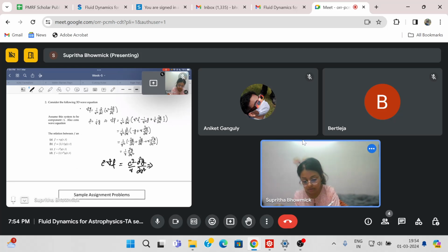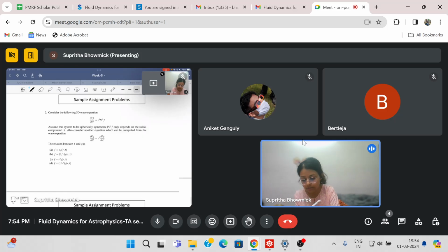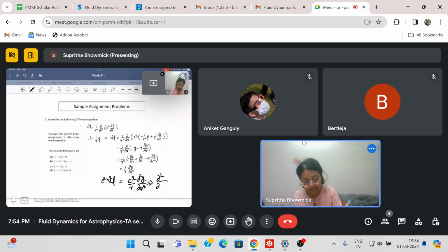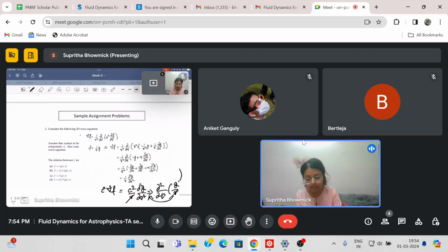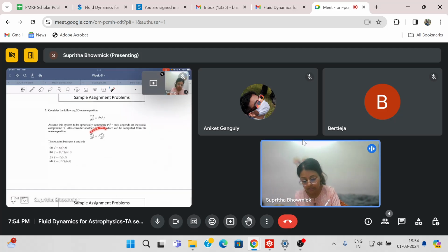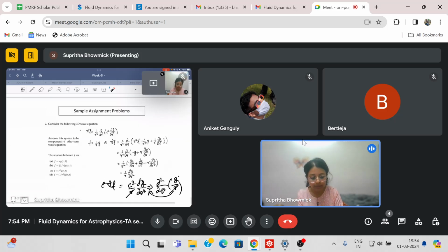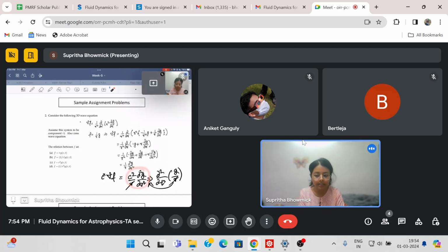And on the left hand side, you have del 2f del t2, which is del t2 of g by r. r is just taken out and r cancels. And that gives you this equation: del 2g del t2 equals c square del 2g del r2. So the correct option is B.